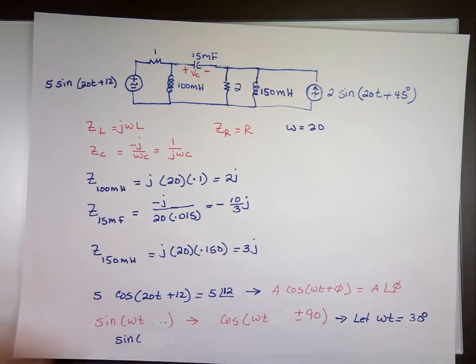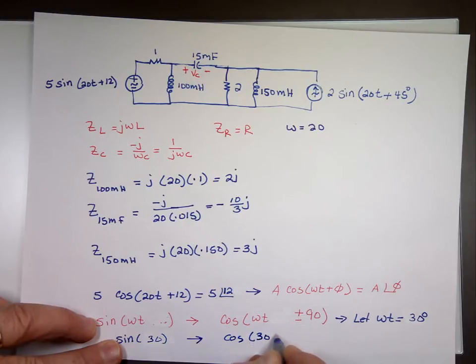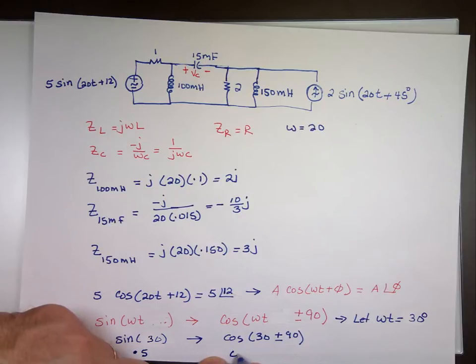Sine of 30, right? Now let's look at the cosine. This will be cosine, and it's either 30 plus 90 or 30 minus 90. Which one is it? We know sine of 30 is what? 0.5. So this is going to be cosine of either 120 or what? Negative 60.